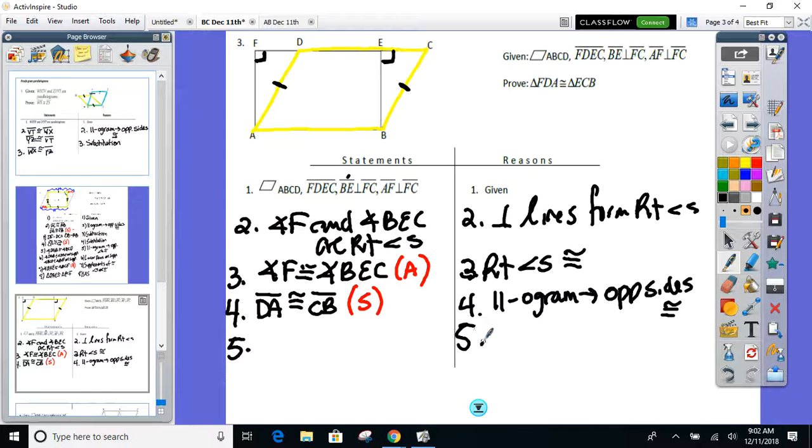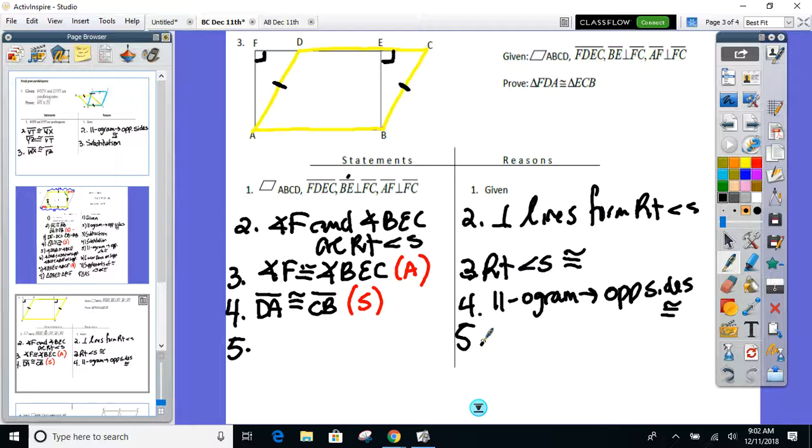See if you can search for something else here I could use, because you've got a pair of angles and a pair of sides. You can do something else here. It's tough to see. Haven't talked about it in three units. What do we got here? Could we do the segment DA?